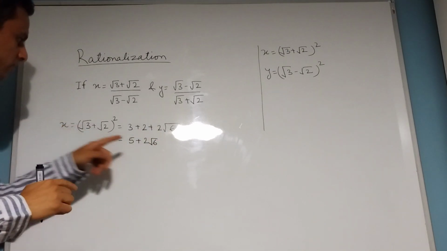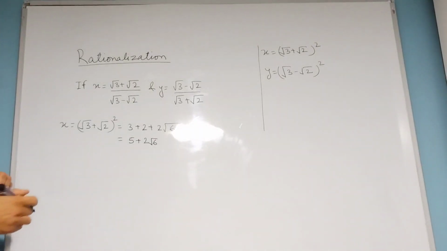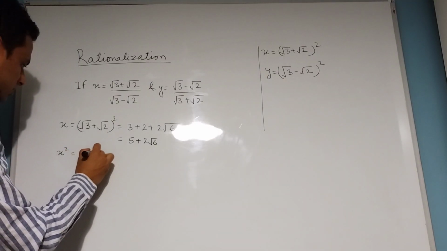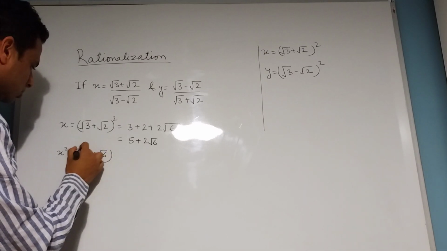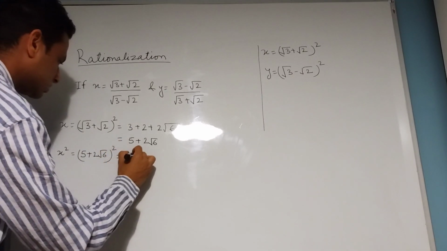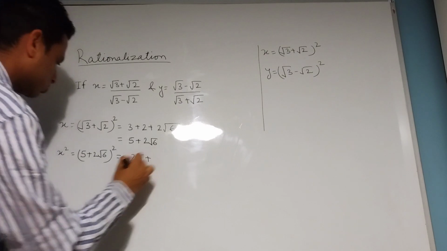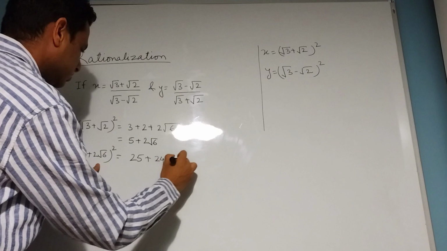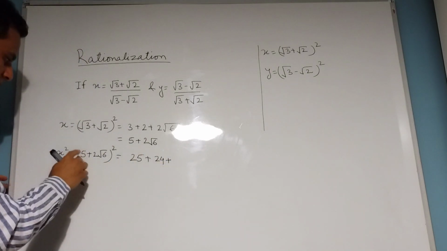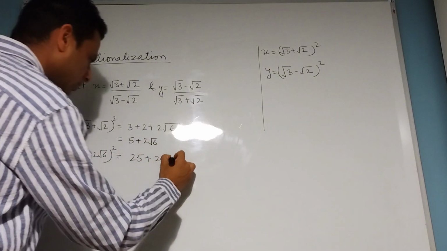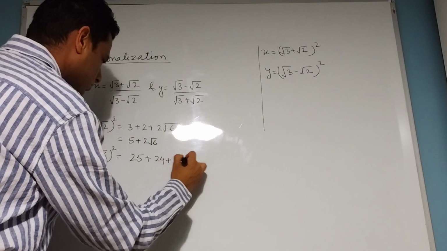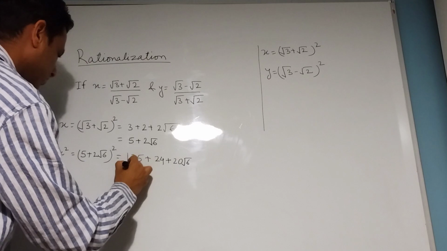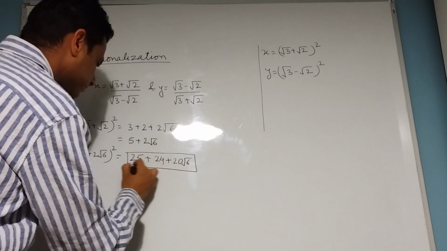This is the value of x. Let's find the value of x squared, which is 5 plus 2 root 6 whole squared equals 25, which is a squared, plus b squared is 24, plus 2ab. 2 times 5 is 10, times 2 is 20 root 6. So this is the value of x squared.